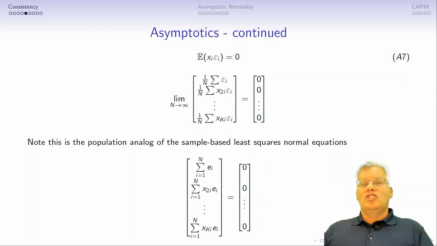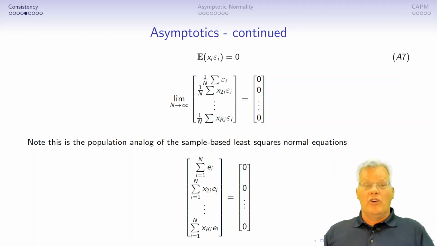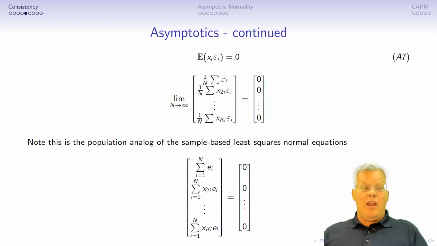Okay. So this differs a little bit from the Gauss-Markov assumptions that we made early on, I think in chapter or section 2.3. This is a somewhat weaker assumption, and actually later in today's lecture we're going to compare the stronger assumptions we made earlier for the Gauss-Markov conditions versus this assumption in A7.